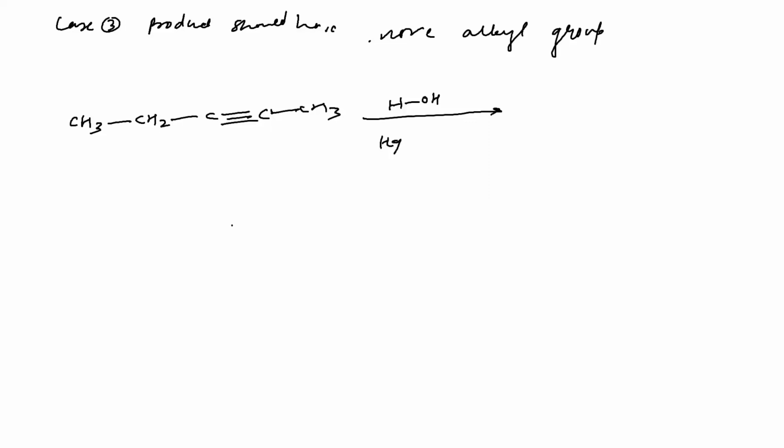Either you can add the OH group on the second or on the third carbon, because second and third appear to be equivalent and similar. Both have the same number of hydrogens. So where are you going to place it? Let me tell you both the conditions. More alkyl group is the preferred one, student. More alkyl group.